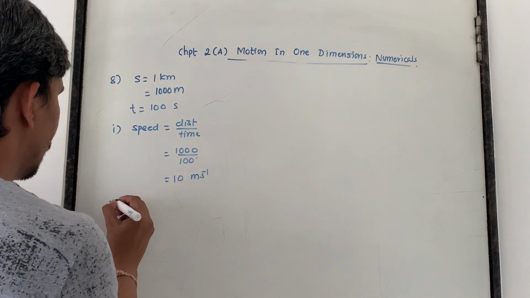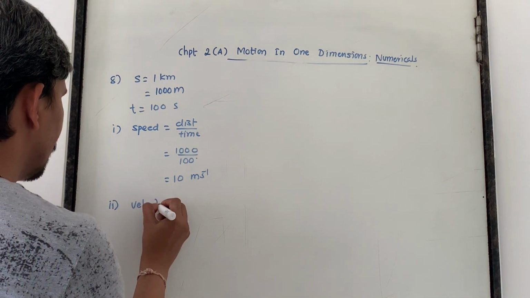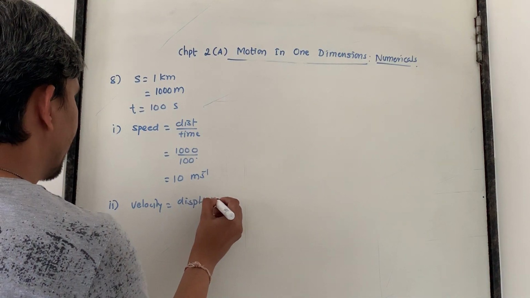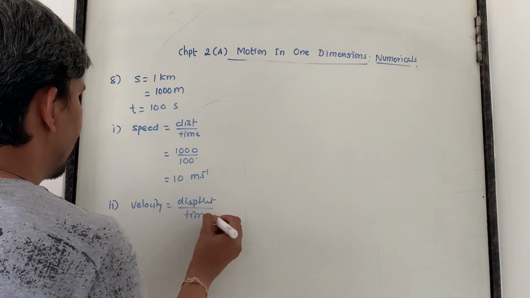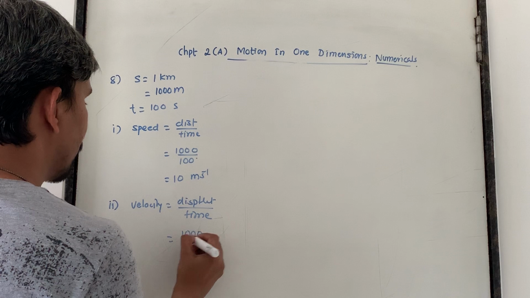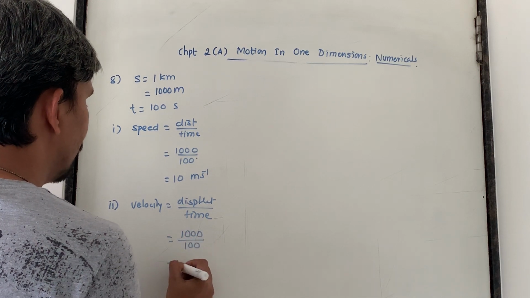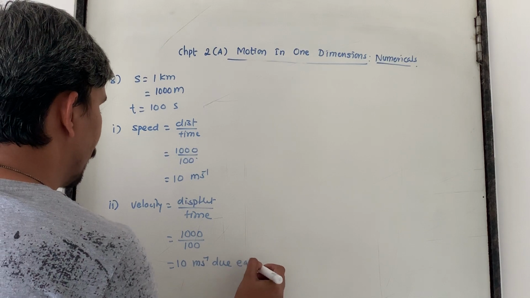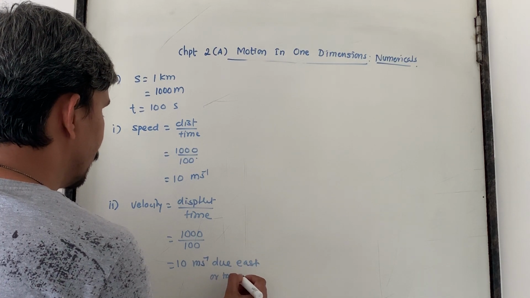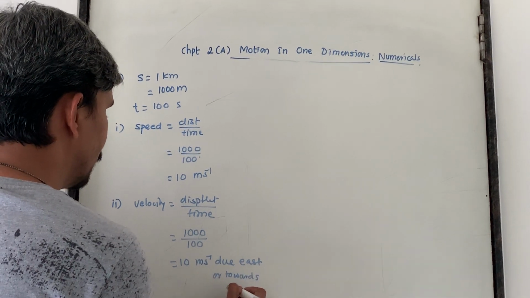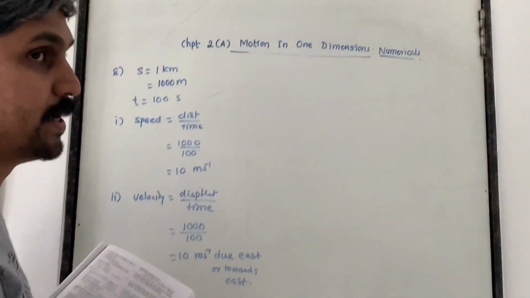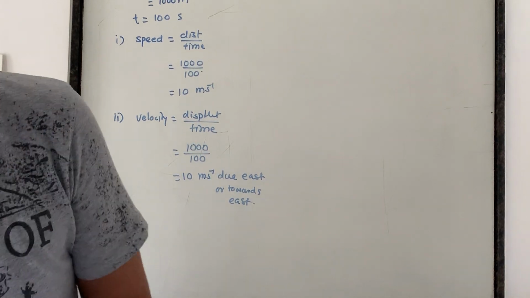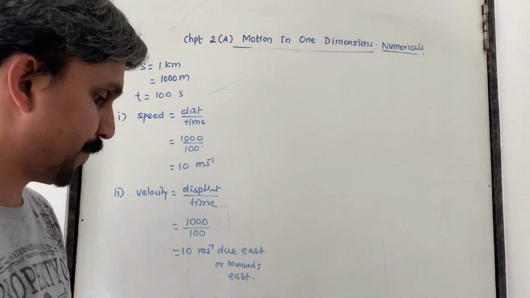So second part, velocity is equal to displacement upon time, but my displacement is 1000 again upon 100, that is 10 meter per second, due east or towards east, and this is about the 8th question. Now check the 9th one and go with 9th.